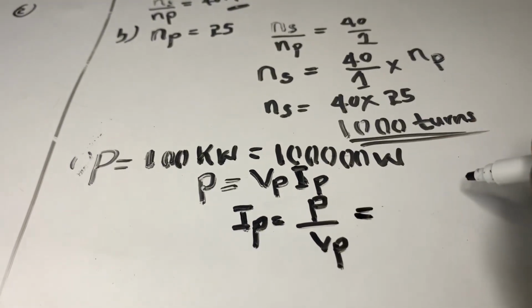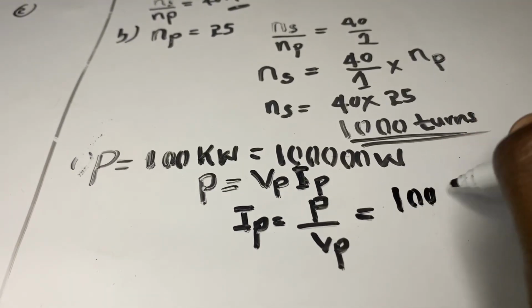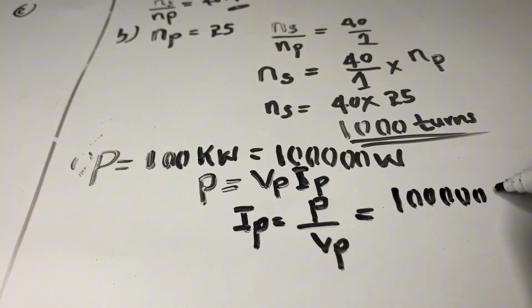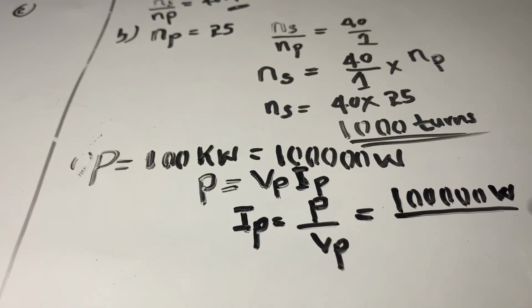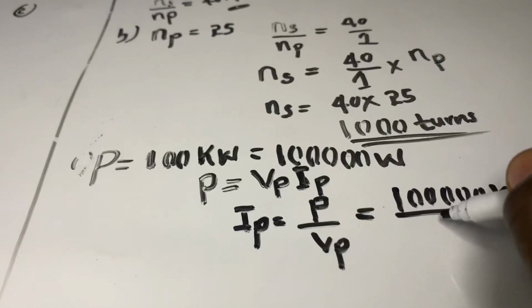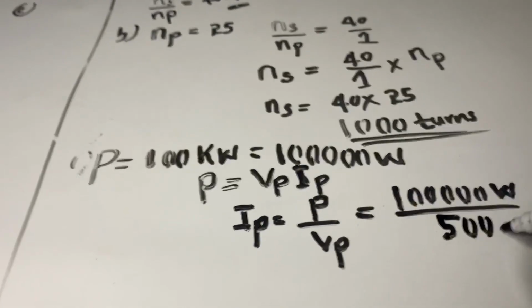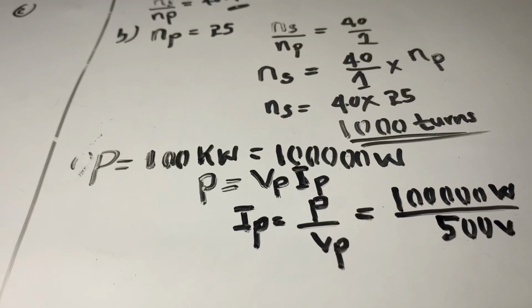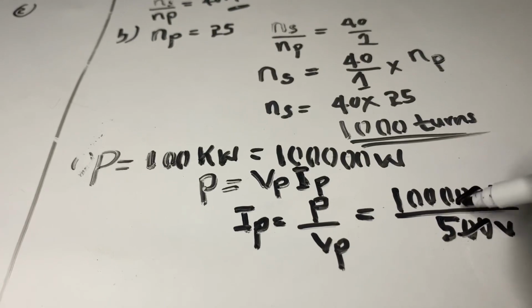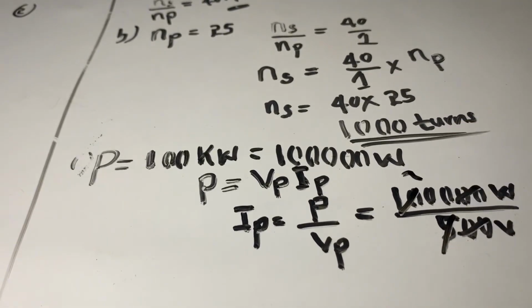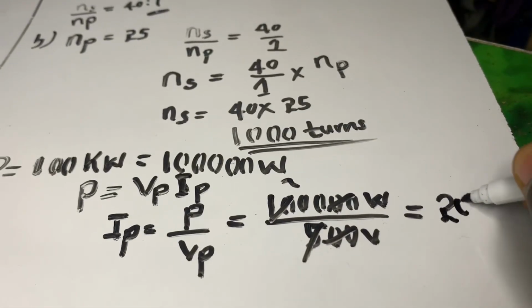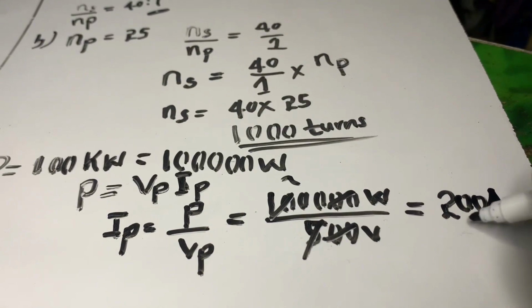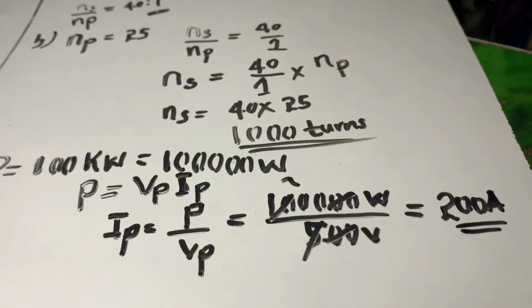This is 100,000 watts divided by the voltage at the primary. The voltage at the primary coil was given as 500 volts. When we do the division, these cancel, 5 goes into this 2, so 200 amps. You are going to get 200 amps as the current at the primary coil.